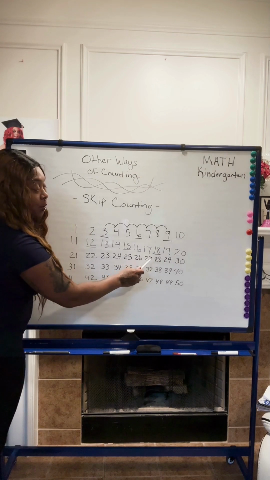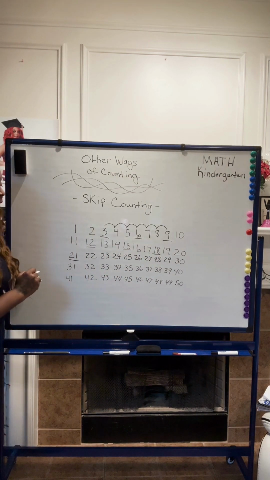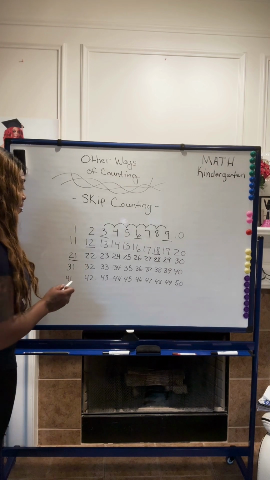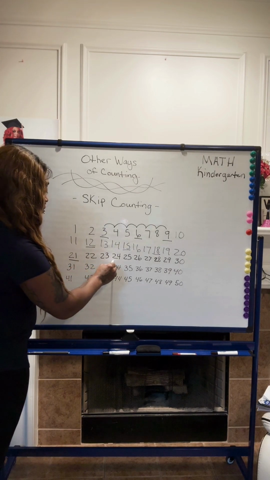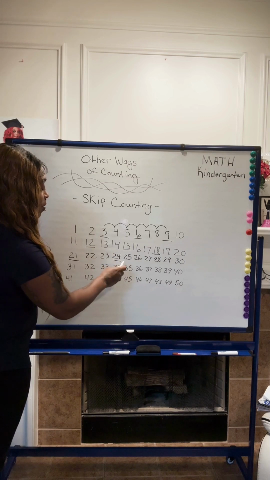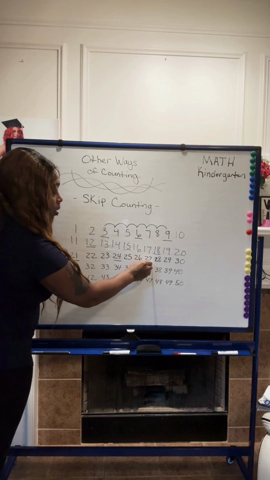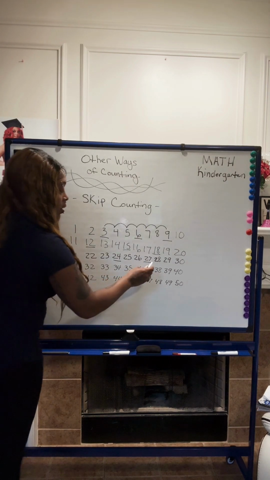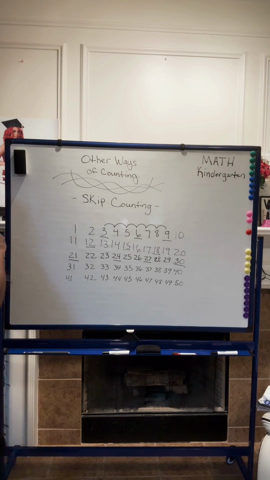Counting by threes would skip 19 and 20 and be 21. Okay? Skip 22 and 23, 24, skip 25 and 26, because you're skipping 1, 2. The third one is 27, 1, 2. The third one is 30. Okay?